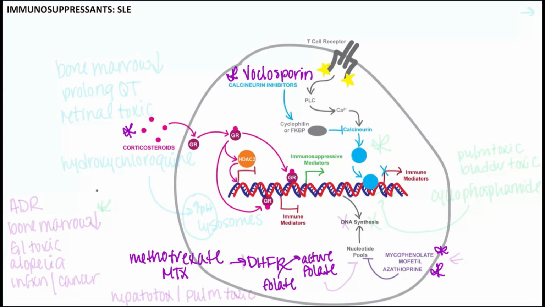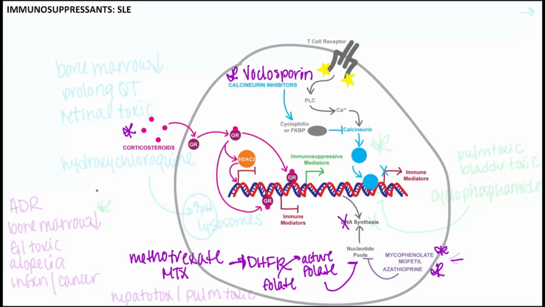So by inhibiting this enzyme, methotrexate interferes with DNA synthesis and cellular replication in rapidly dividing cell populations like our lymphocytes. So we end up with immunosuppression.